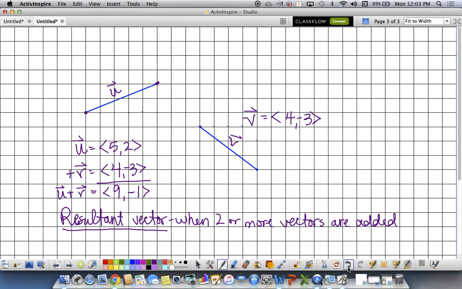Okay, now in trig, we're going to have to do and remember a little bit more. We're going to have to see it visually.